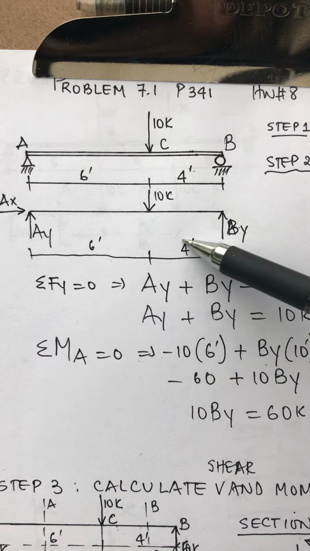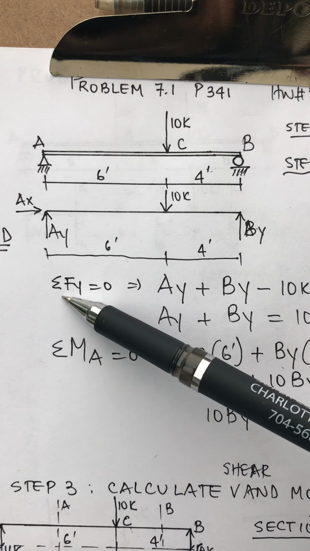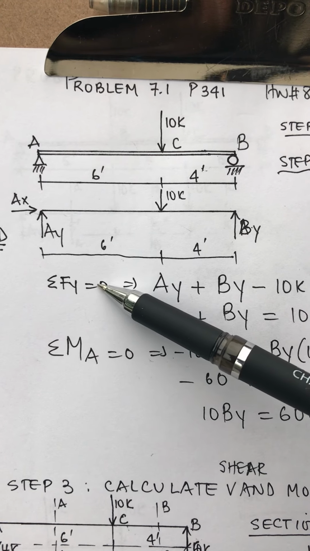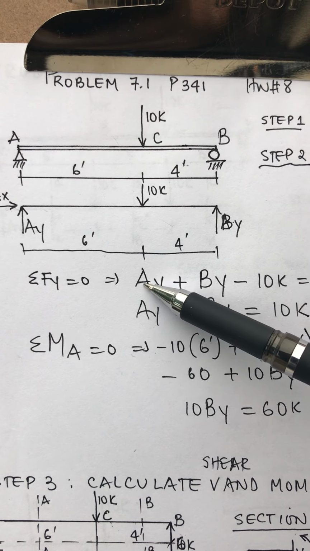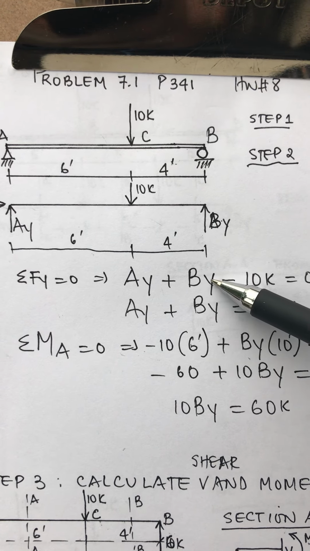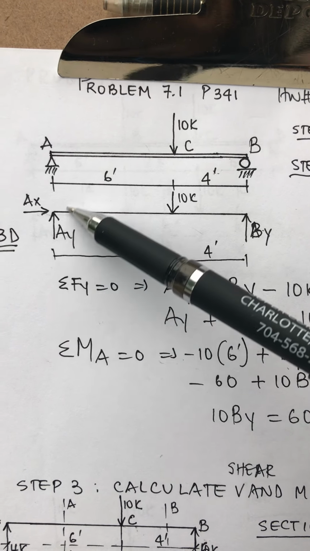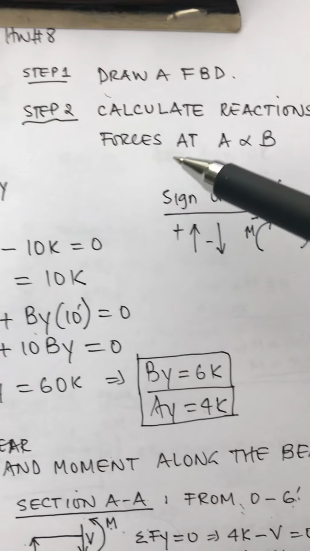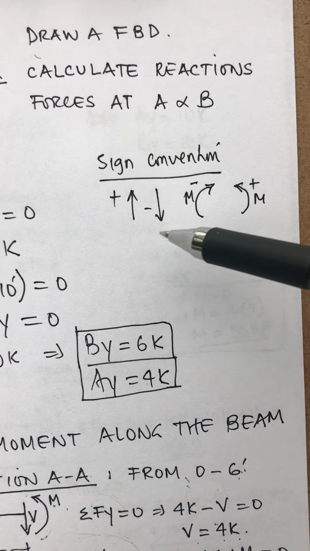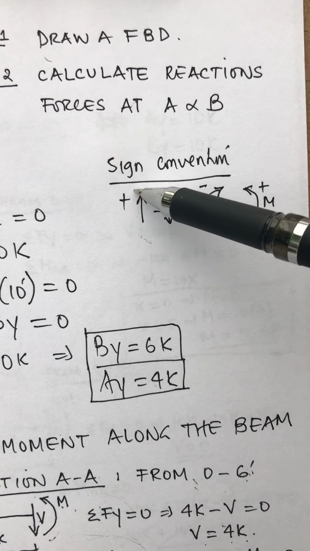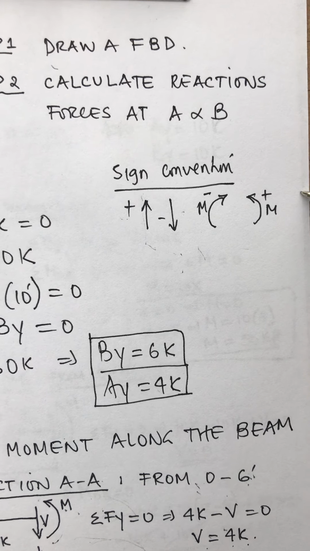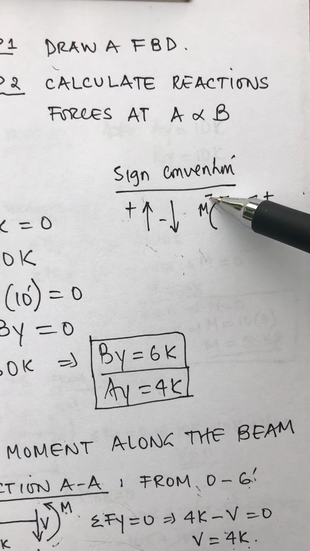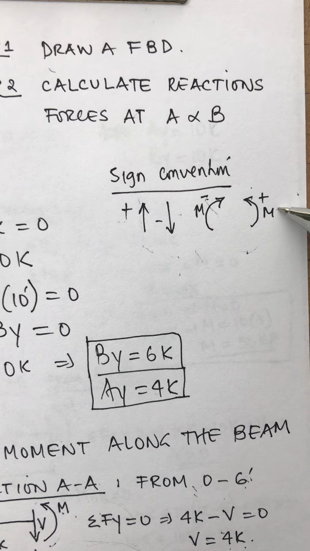So let's calculate the reaction forces. If the summation of forces in the Y direction is 0, I have AY plus BY. So AY is positive. The convention is that force upward is positive, downward is negative. And moment clockwise is negative, counterclockwise is positive.